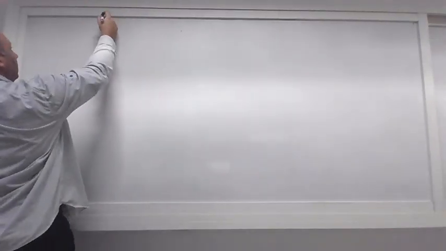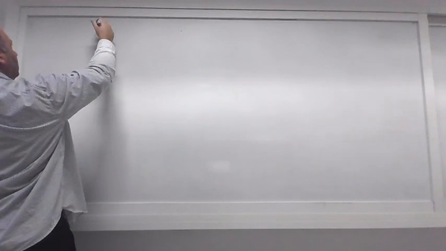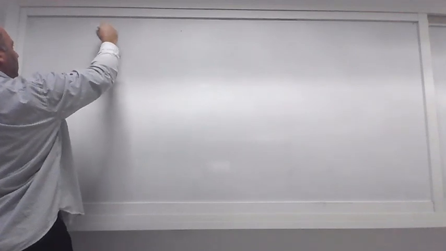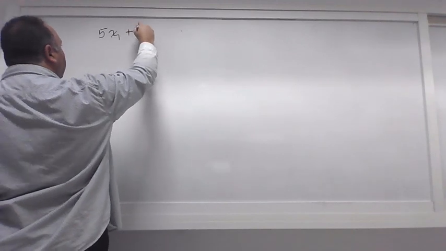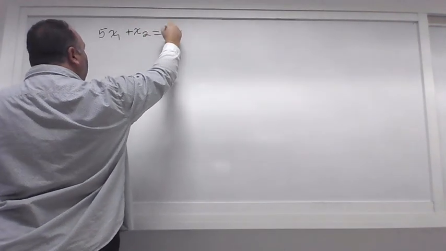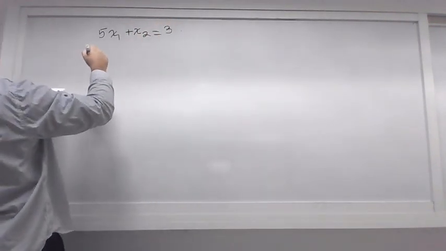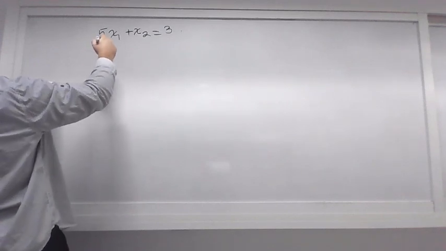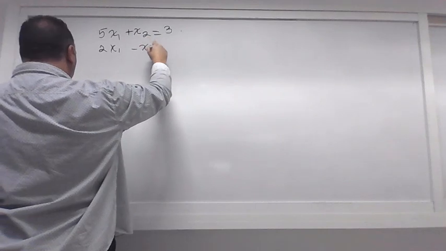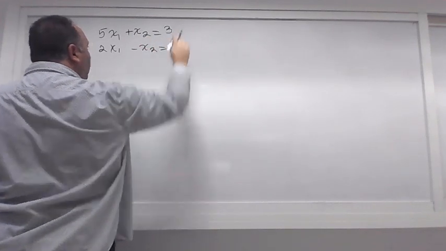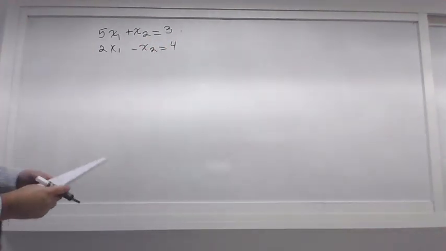So let's say I have a system like this one. I will not solve it, I'll just check something. So I have 5x1 plus x2 equal 3, and then 2x1 minus x2 equal 4. So this is a non-homogeneous system.